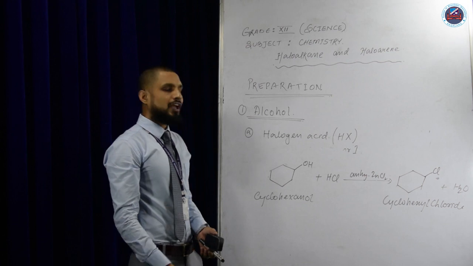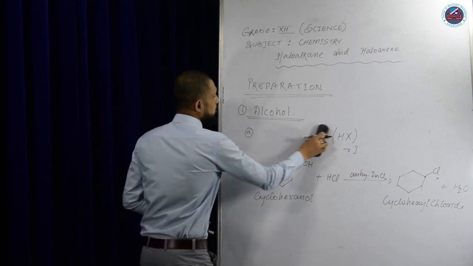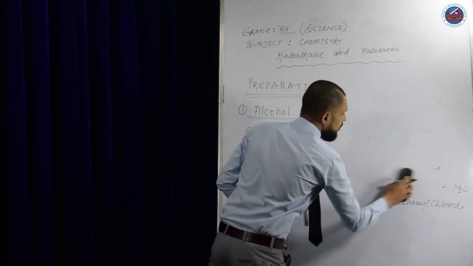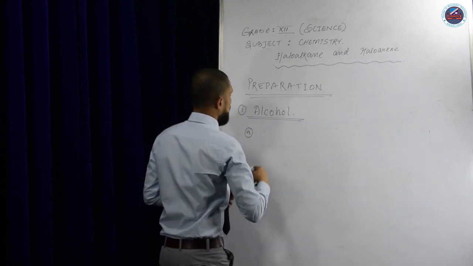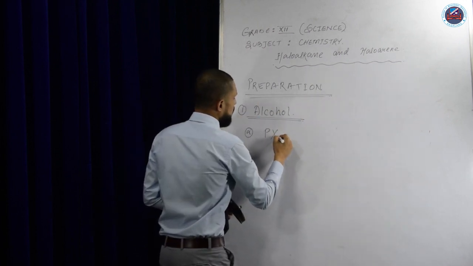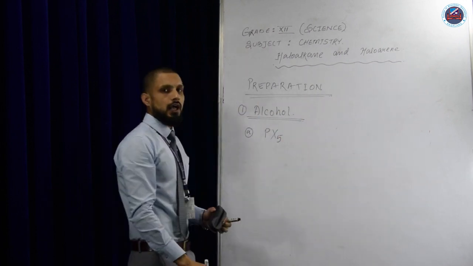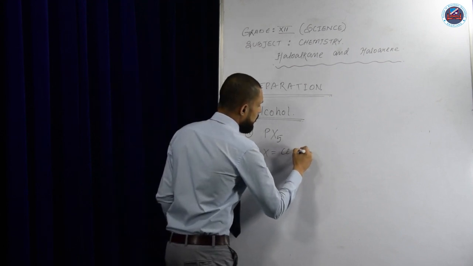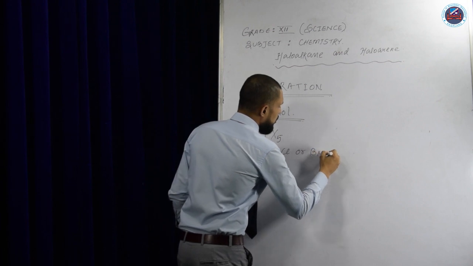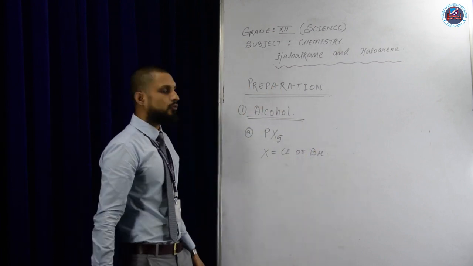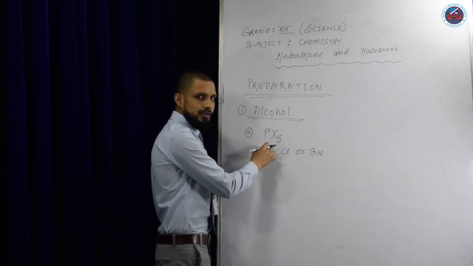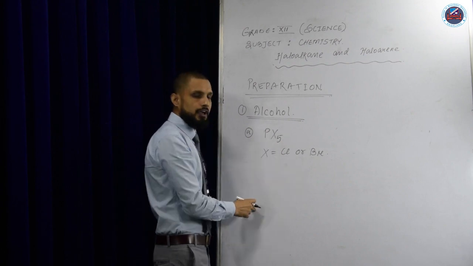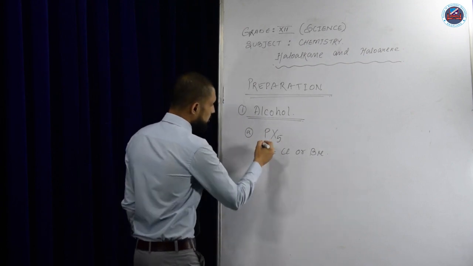Next, let us take the second reagent, that is phosphorus pentahalide, PX5, where X can be Cl or Br. In some cases we can also take I. So let's start with this reagent.